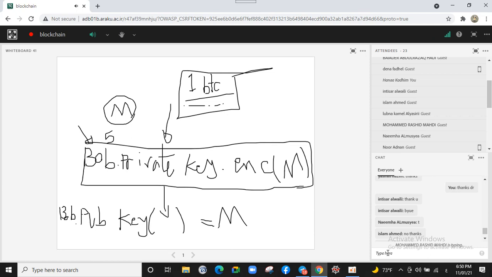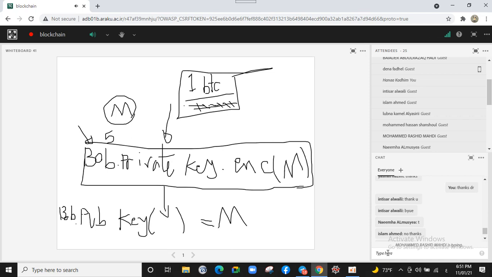Bob, when he wants to send some money to others, uses his private key. So others using his public key can verify it and can be sure that the sender is Bob, not another person.